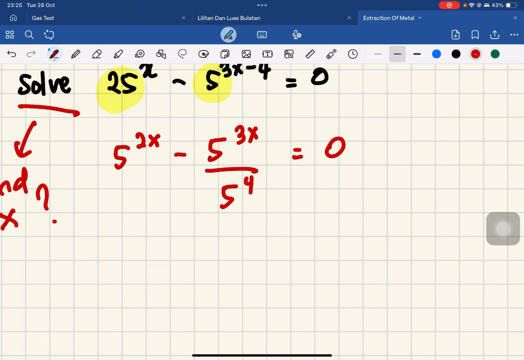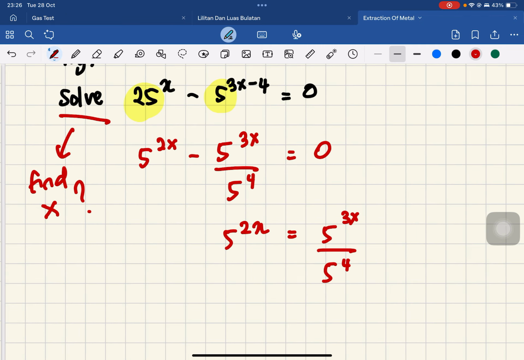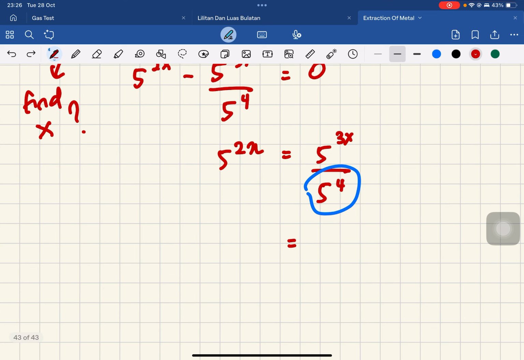Okay, so now I'm going to find x. We can move this number to the right-hand side, so it will become positive 5 power of 3x divided by 5 power of 4. Like normal maths, move this to the other side, it becomes multiply. So 5 power of 4 times 5 power of 2x equals 5 power of 3x.